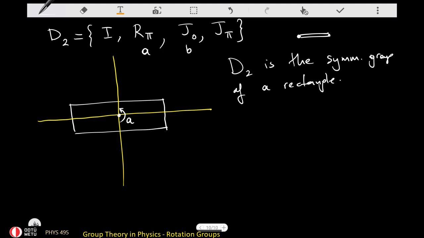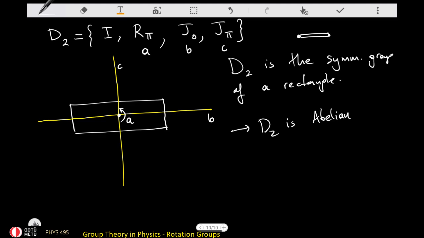We just call one of these reflections B and the other reflection C. Interestingly, in that situation, since the only non-trivial rotation is 180 degrees, all of these three operations commute with each other. So as a result, D2 is abelian.